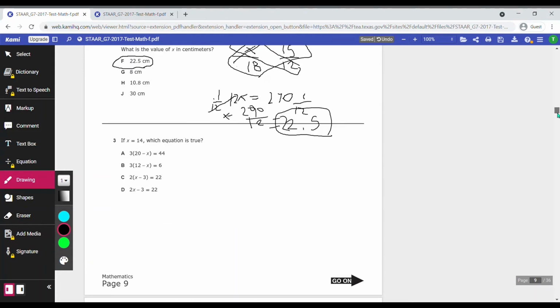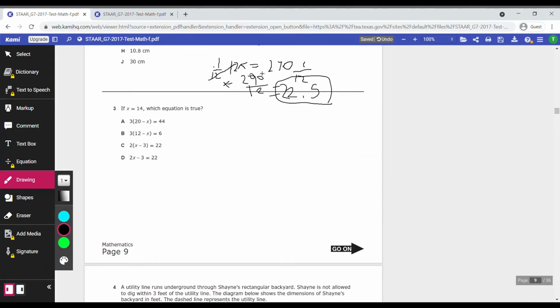Let's go to number 3. If x equals 14, which equation is true? What we have to do in this problem is plug in values for x. Let's plug in 14 instead of x.